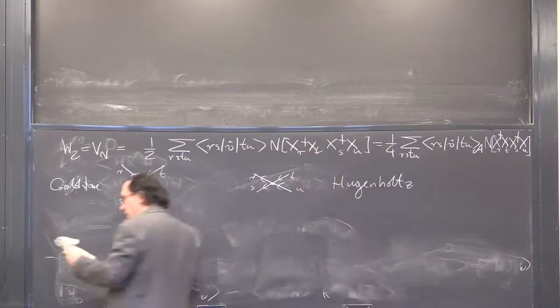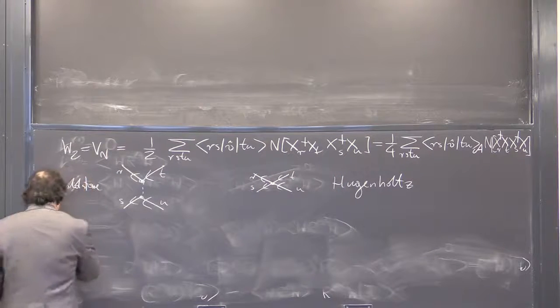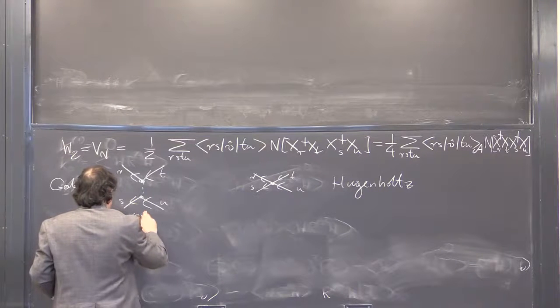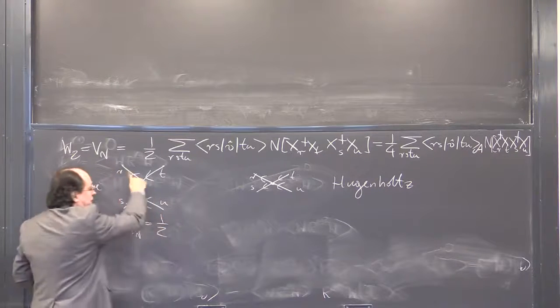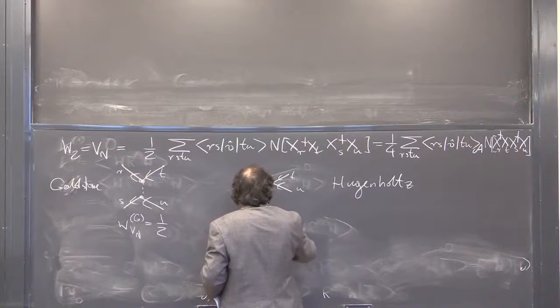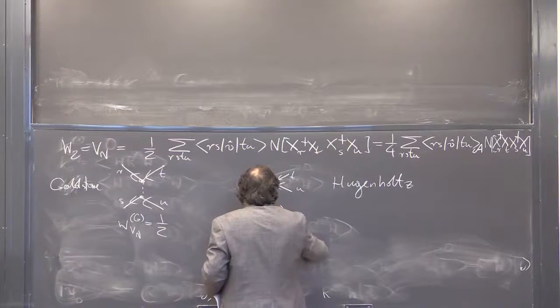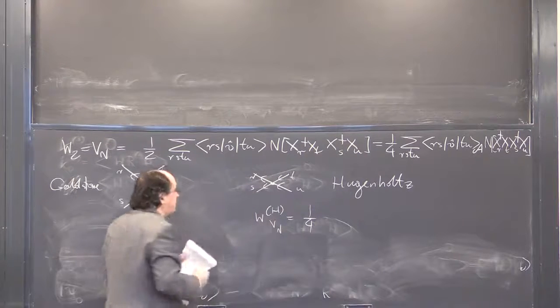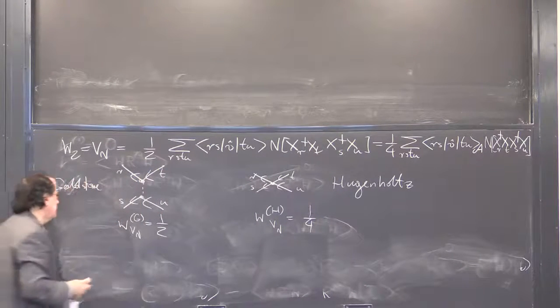Then when it comes to identifying various key elements, the weight of V_n in the Goldstone case is 1/2. There are 2 equivalent open paths. The weight in the Hugenholtz case is 1/4 because there are 2 pairs of equivalent fermion lines in the diagram.